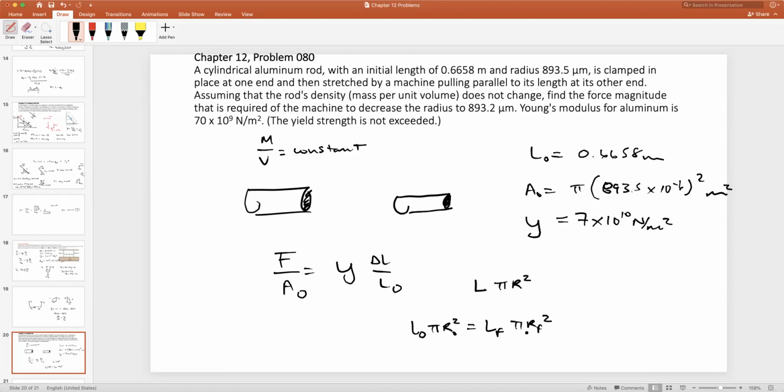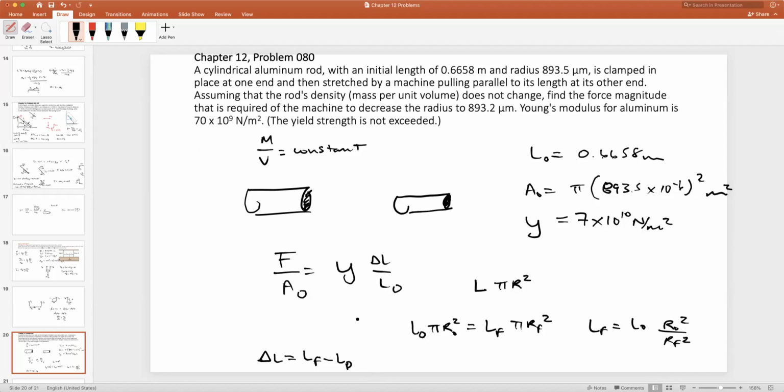From this, the pi's cancel, and we get that the final length is the initial length times the initial radius squared over the final radius squared. And to get delta L, we need to subtract the initial length from the final length. Easy enough. Once we have that, this is just a plug and chug equation, you're done.